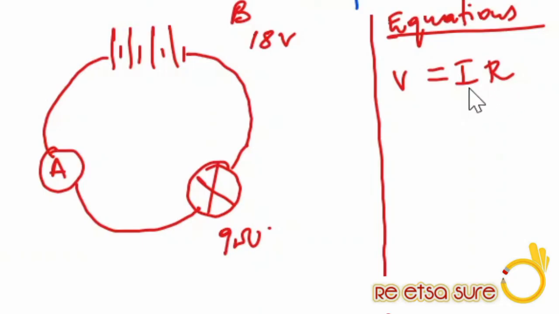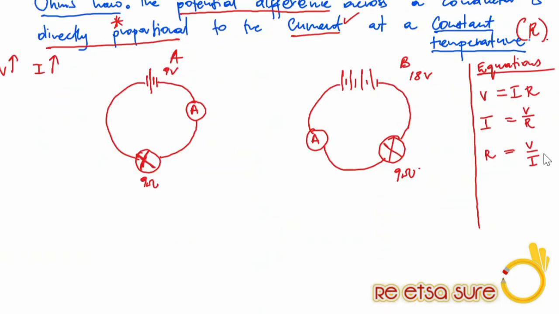If I want to make I the subject of the formula, I equals V over R. And lastly, if I want to make R the subject of the formula, R equals V over I.